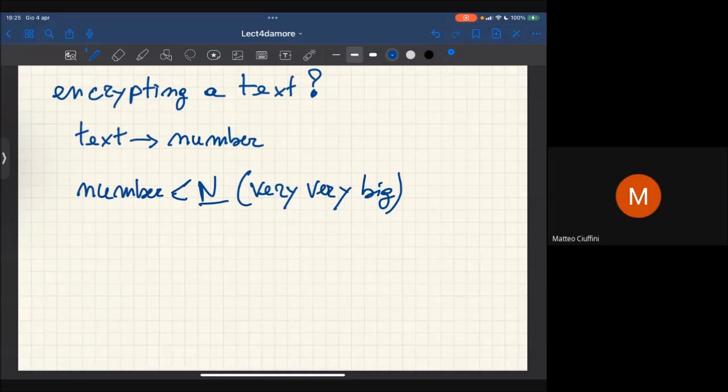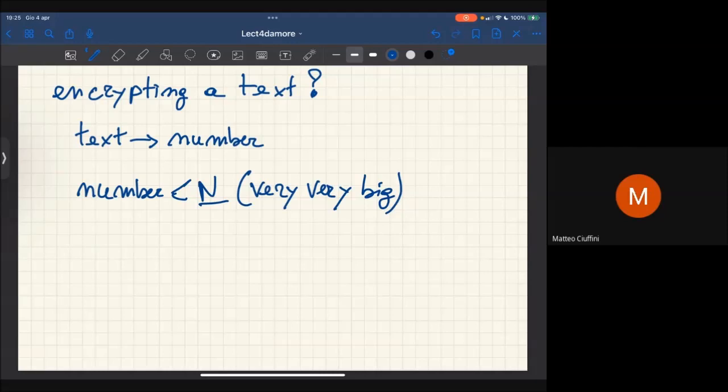And in particular, if we are using devices based on battery, we don't want to drain the battery. And we don't want the devices computing all the time big numbers. And we will be trying to use small numbers. And this is what really happens.